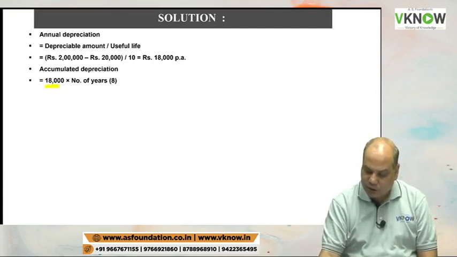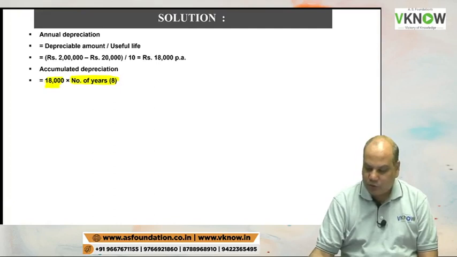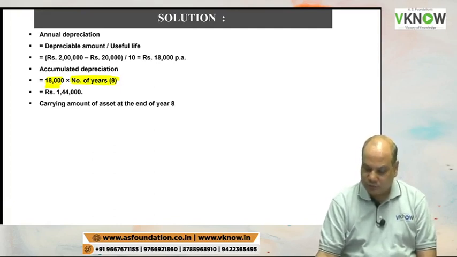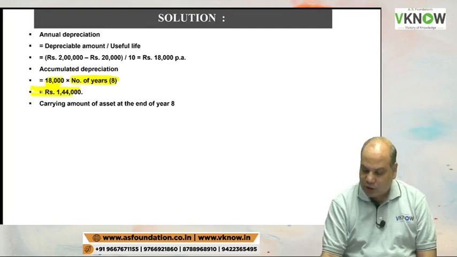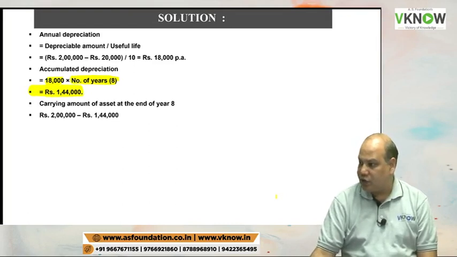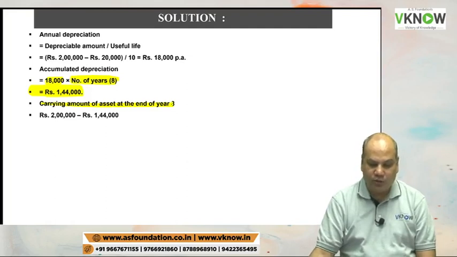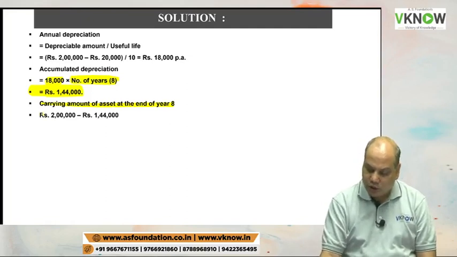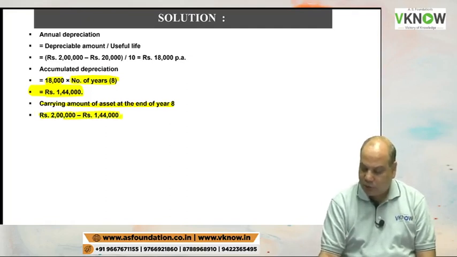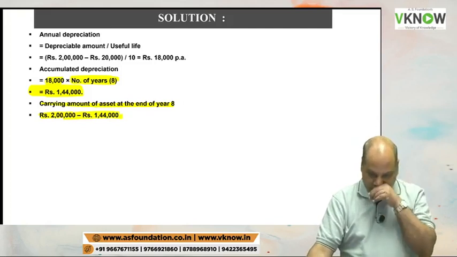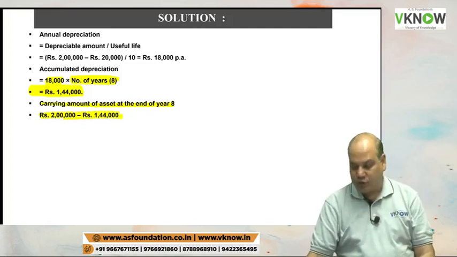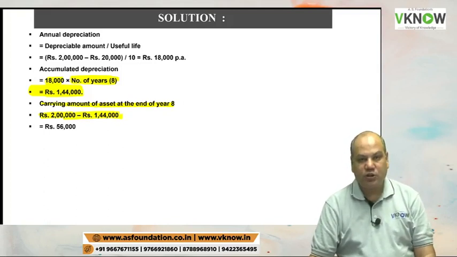Accumulated depreciation will be 18,000 into number of years, 8 years, so that is equal to 1,44,000. After 8 years are complete, you have provided 1,44,000. Presentation is important. Carrying amount of the asset at the end of year 8 is 2 lakh minus 1,44,000, and that is equal to 56,000.